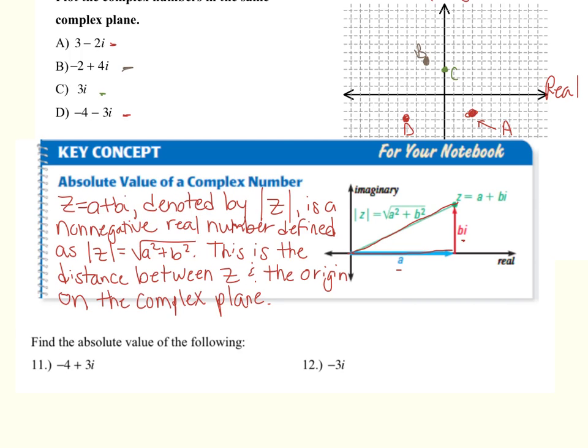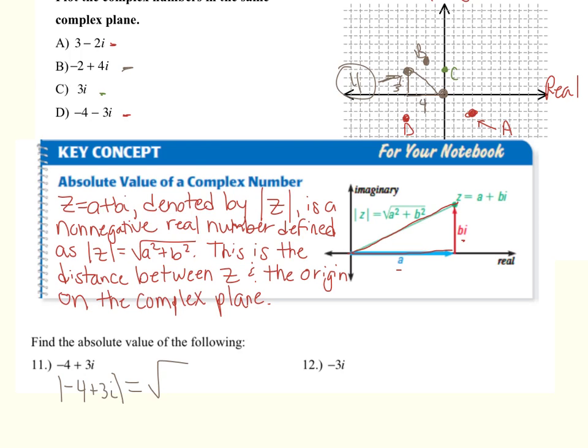So let's take a look at 2 examples. If we want to find the absolute value of -4 plus 3i, well, we can graph that on our grid above. So -4, meaning 4 units to the left in the real part, plus 3i means we go up 3 in the imaginary part, and so here's our point for number 11. And I want to know how far from there to there, so I'm going to draw straight down, straight over, and form a perfect right triangle in which I'm looking for the hypotenuse. So one leg is 3, the other leg is 4.